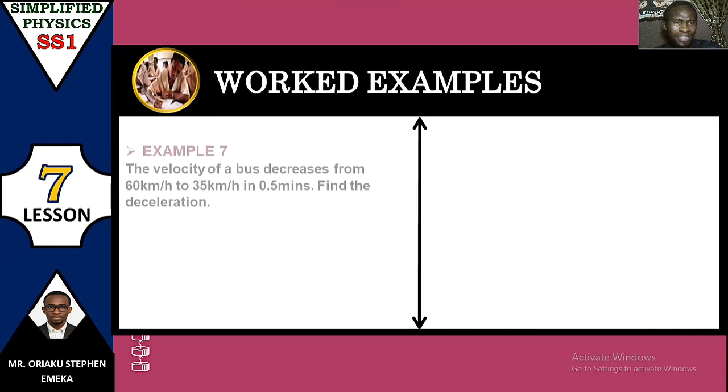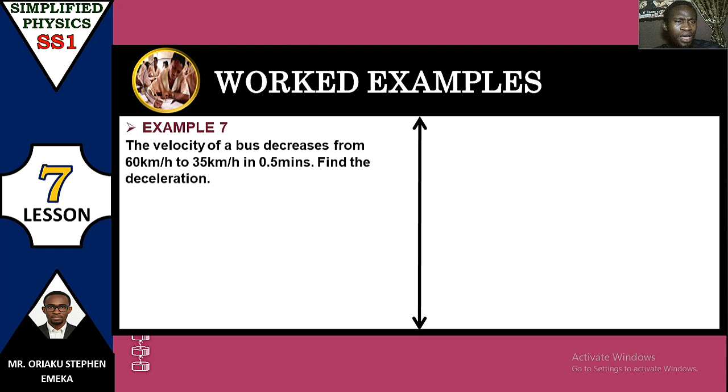So next example, example 7. The velocity of a bus decreases from 60 km per hour to 35 km per hour in 0.5 minutes. Find the deceleration. This question is tricky. Remember, they didn't tell us the unit to find the deceleration.